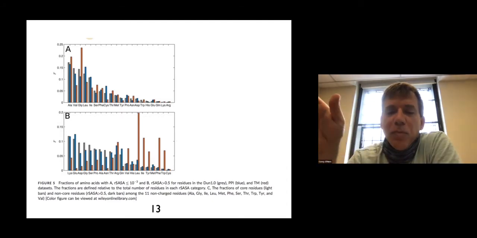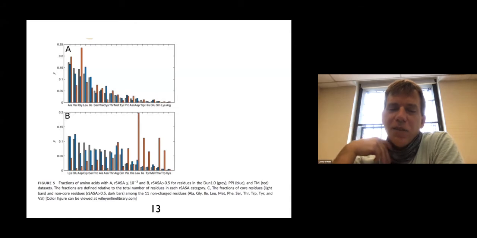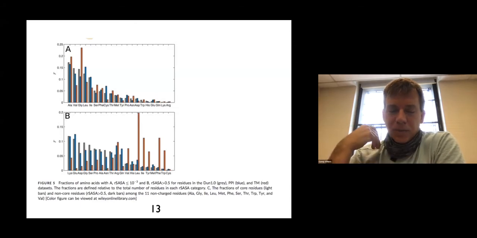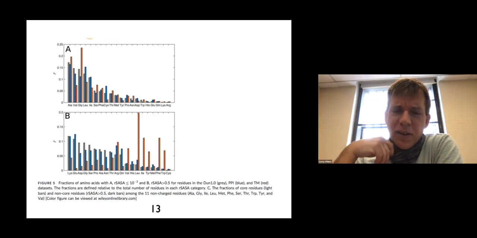I'll tell you a little bit more about how that's calculated, but solvent accessible surface area is typically angstrom squared, and then the relative solvent accessible surface area is a dimensionless number, so it doesn't have any units. You normalize it by the surface area of the entire residue. I'll tell you more about that in the next slide.